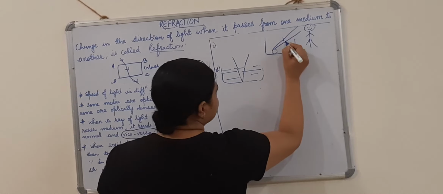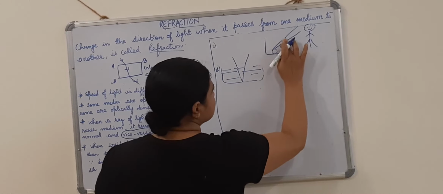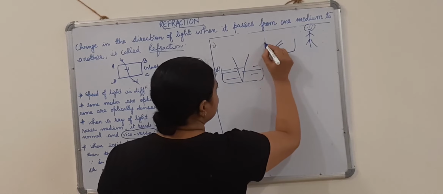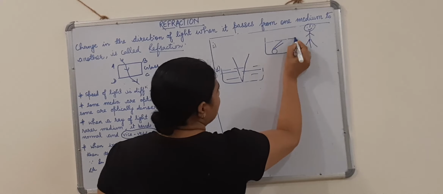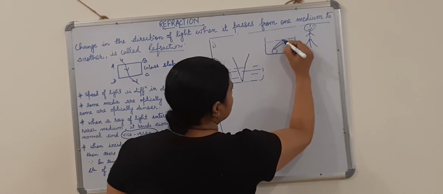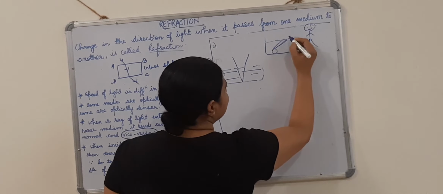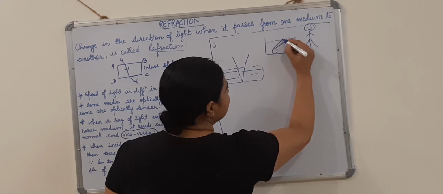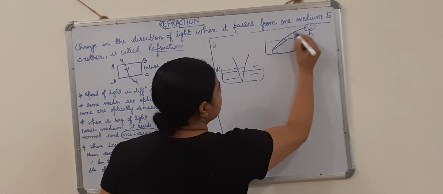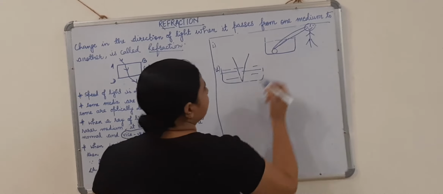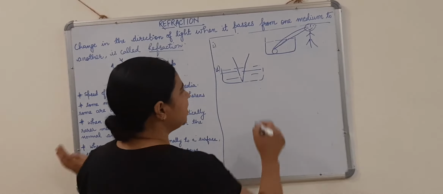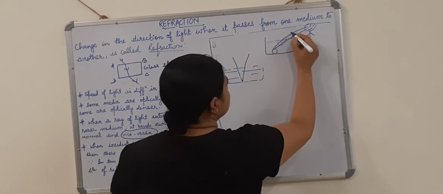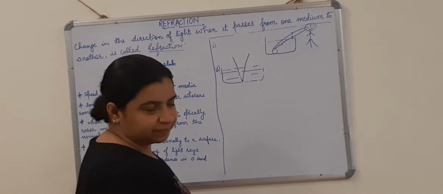But what happens when water is filled in this glass tumbler? At the interface of the water and the air, you will notice the light rays which were earlier straight will now bend, because there is a change in medium. Now you will see these refracted rays are also not actually meeting anywhere.